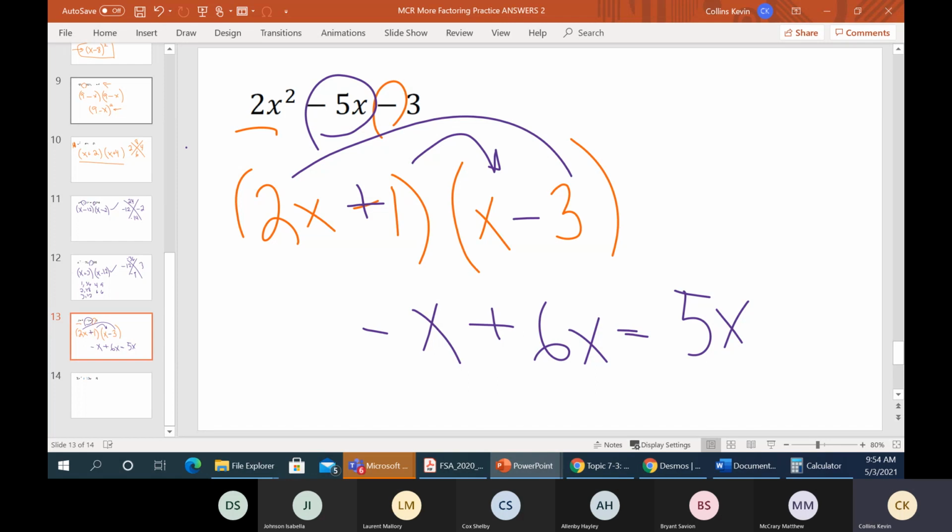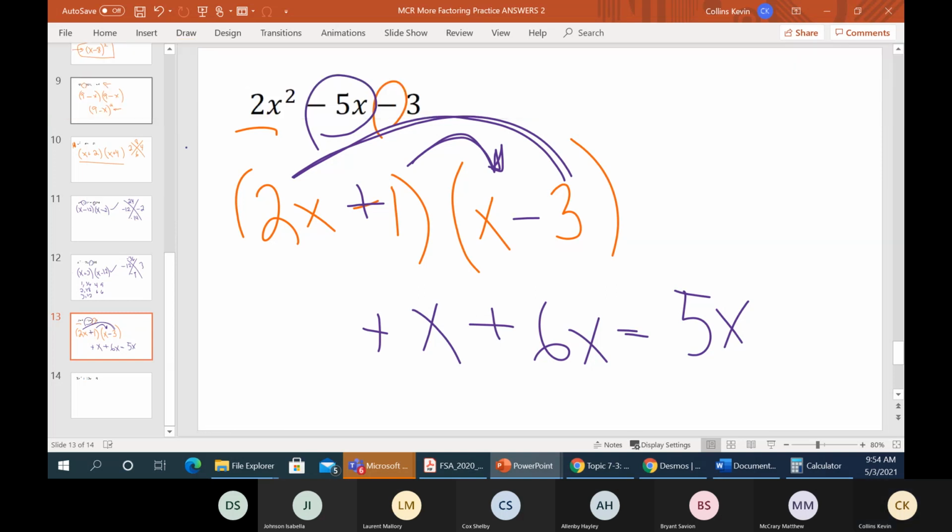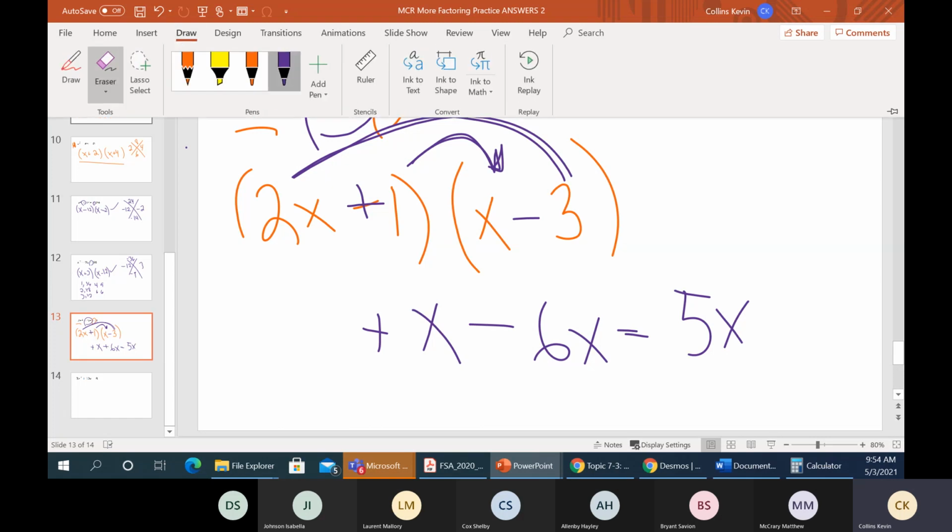Okay, so now if we do the same thing, we're going to get a plus x for this guy, and we're going to get a minus 6x for this guy. All right. Okay, and that's going to give us a minus 5x overall.